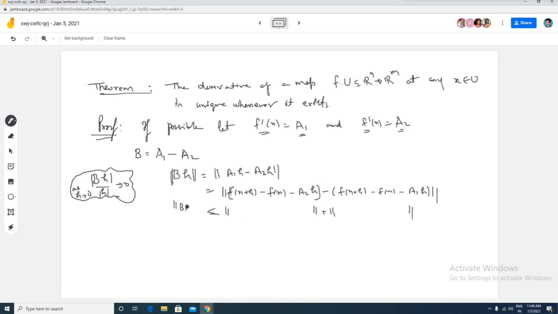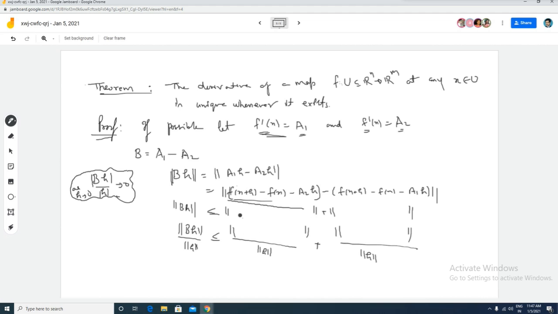And now I am dividing by the norm of h. So if you divide this Bh by norm of h, this is less than or equal to the first expression divided by norm of h plus the second expression divided by norm of h. But you know, as this function is differentiable, when limit h tends to 0, this quantity is equal to 0. So can you fill up what is inside this norm term?